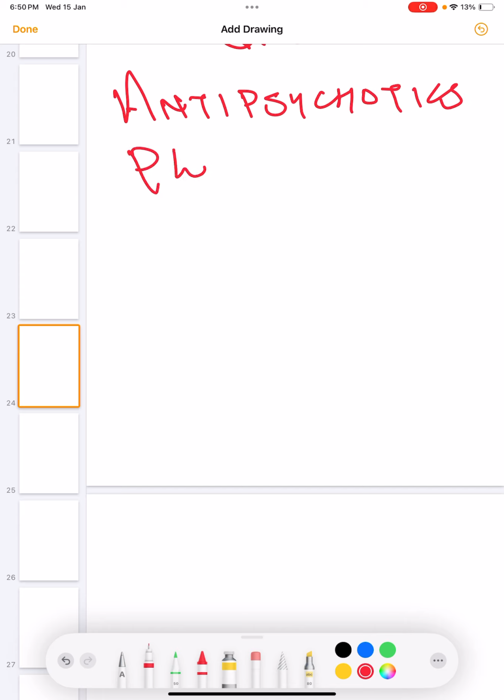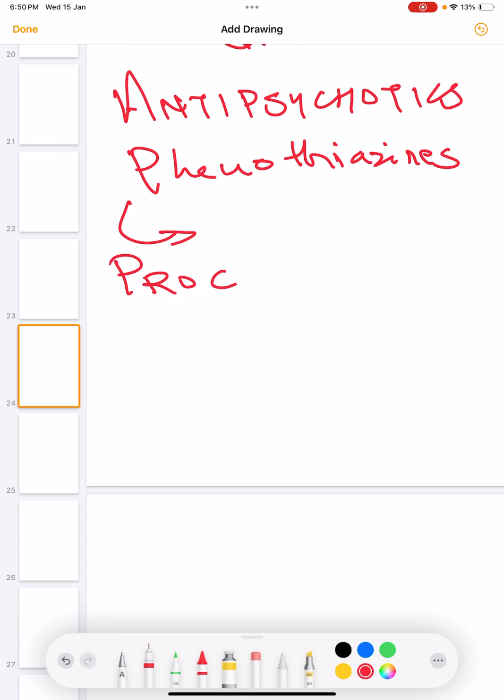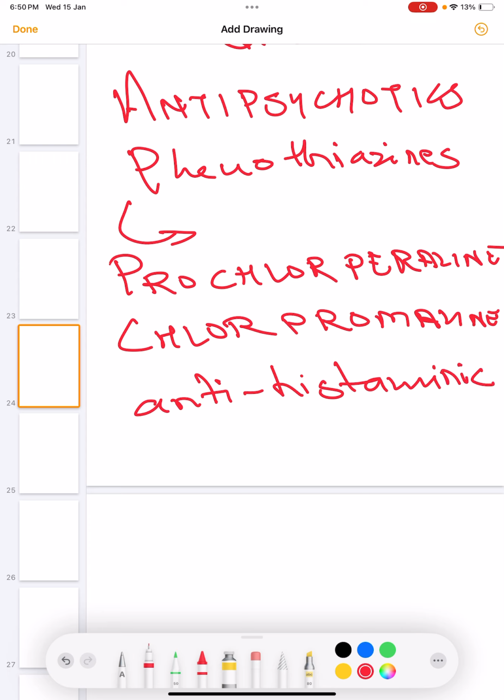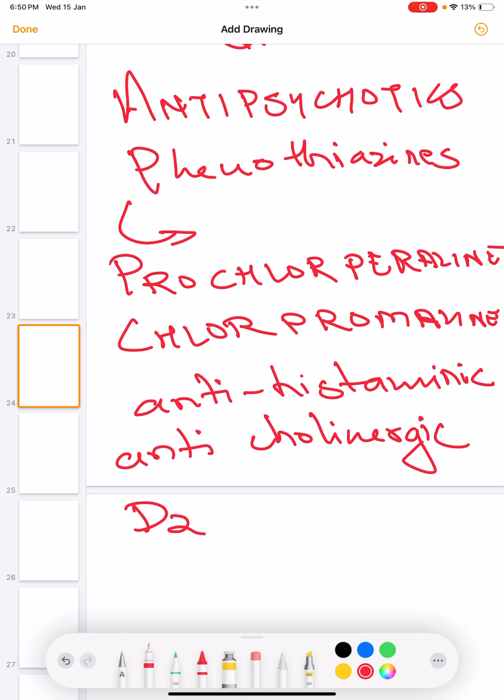So the phenothiazines such as prochlorperazine and chlorpromazine have antihistaminic and anticholinergic properties also, along with D2 blocking property. So this is the basis of their antiemetic effect.